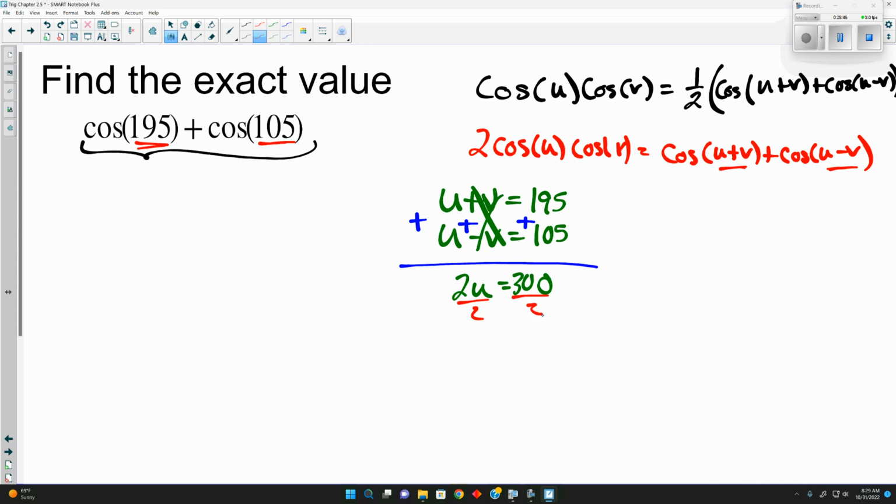Divide both sides by 2, and it tells us that U is 150. What would V have to be? 195 minus 150 is 45.